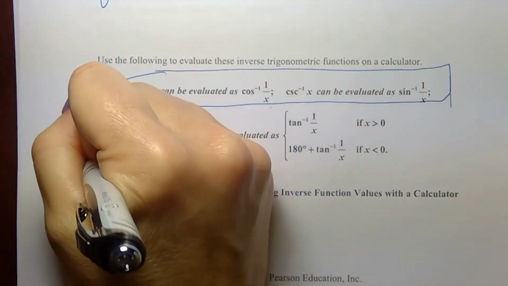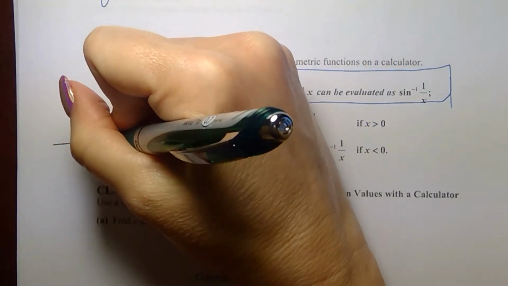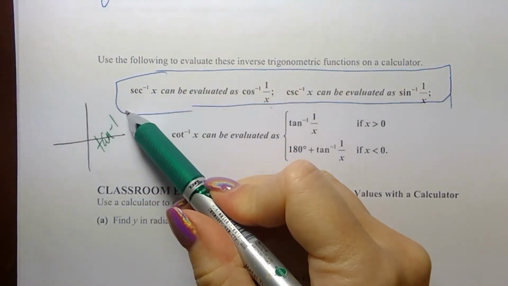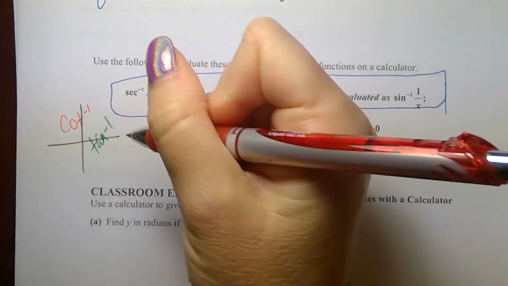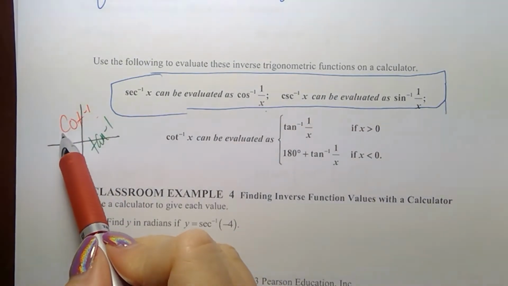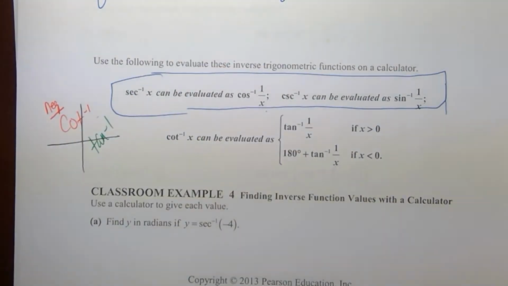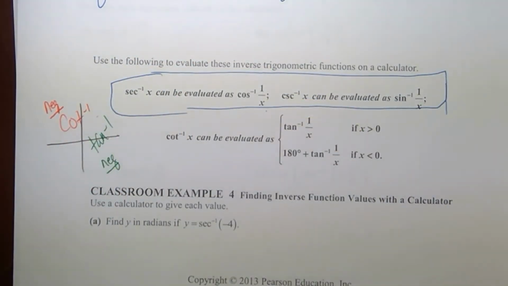If I think about where my trig function values are defined, remember that tangent inverse is negative in quadrant 4, positive in quadrant 1, while cotangent inverse is positive in quadrant 1, that matches, but it's negative over here in quadrant 2. Cotangent inverse is negative in quadrant 2, but tangent inverse is negative in quadrant 4.